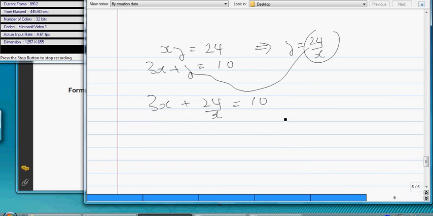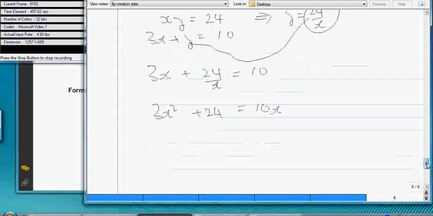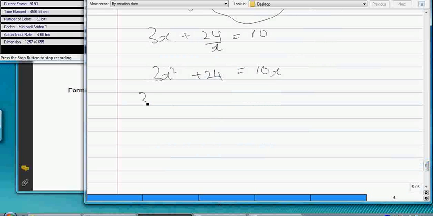We have a fractional equation. We don't like fractional equations, so we multiply by x to get rid of that. So that will give us 3x squared plus 24 is equal to 10x. That's obviously a quadratic, so we take the 10x over. So we've got 3x squared minus 10x plus 24 is equal to 0.